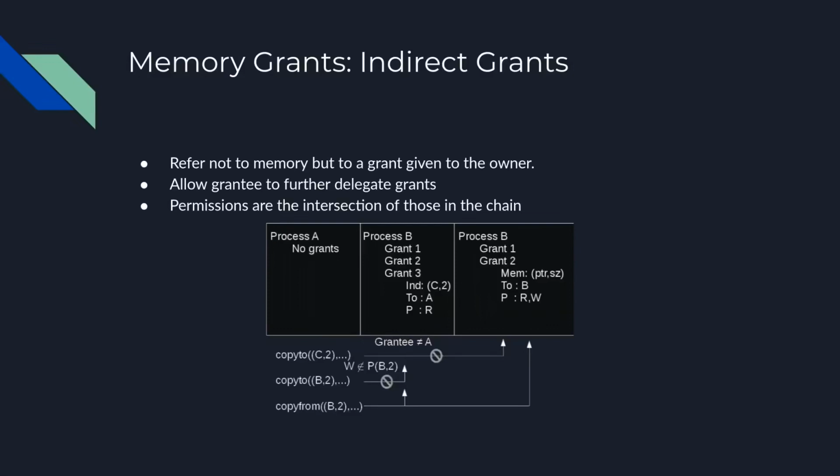So the ME actually allows you to create a grant pointing to a grant that was given to you by someone else, and then that grant will inherit the privileges of the process that creates it, combined with those that it assigns to it. So if the process has a read-write grant, it can create a read-only or a write-only grant, but if it only has a read grant, it cannot add write rights to it for a different process, obviously.